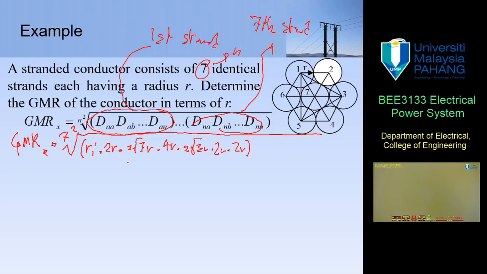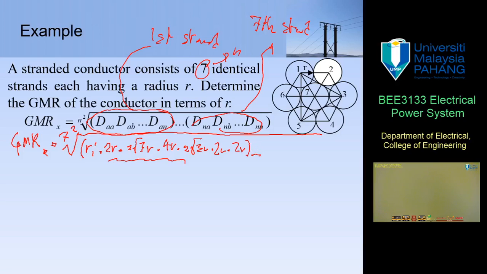Now we get all the values of the distance for each subconductor for the case of the first strand. Next, we are going to put the second strand also here.